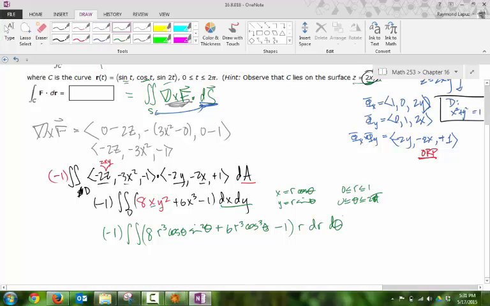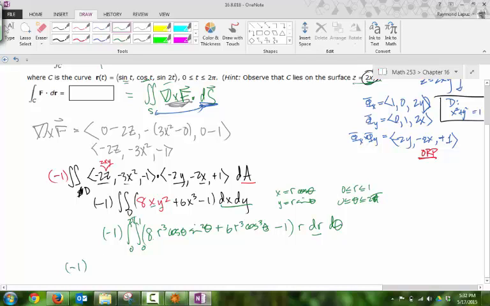So it looks like there's an r cubed that we can factor out, so we can conceivably do this in 2 separate integrals. I don't know if it'll make this any simpler. Oh, by the way, the r limits go from 0 to 1. The theta limits go from 0 to 2 pi. So let's keep going.